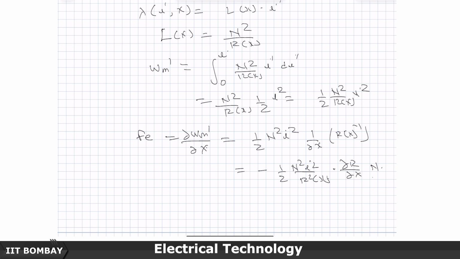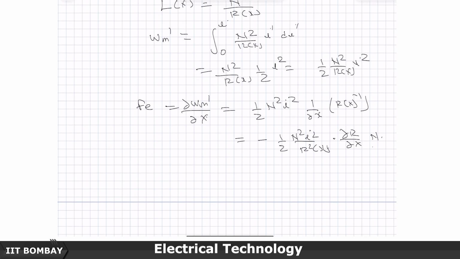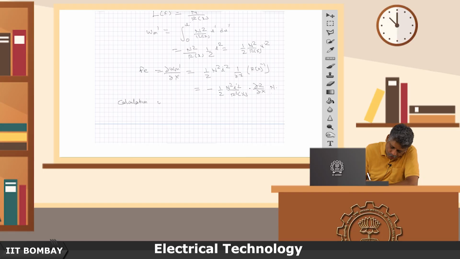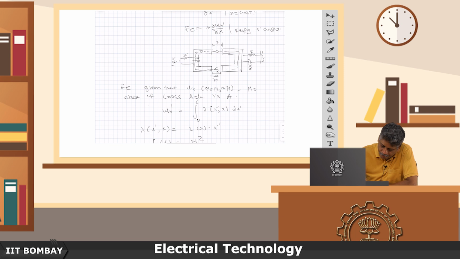If you want to do that, what is the only task that is left? The only task that is left is calculation of reluctance.